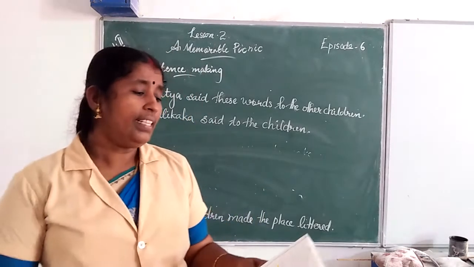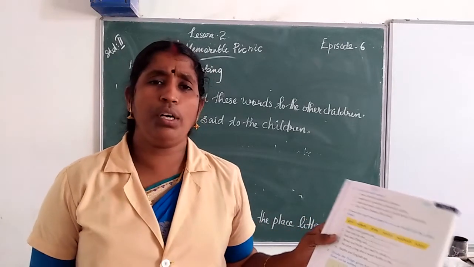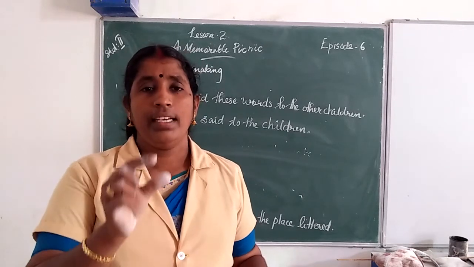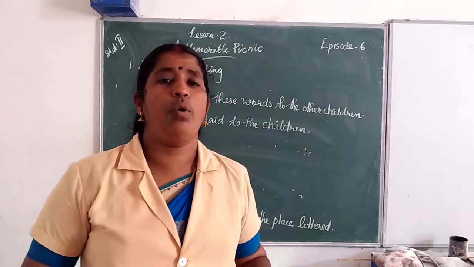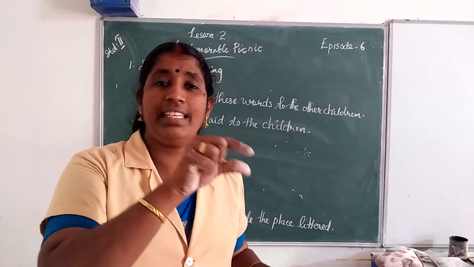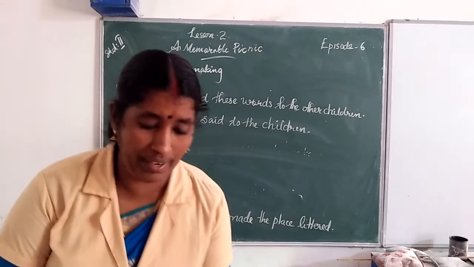Okay. Then comprehension D, circle the odd words. Odd words means there may be 3 or 4 words, and only one is odd one. That means that it is not contained in the group. Here, first one I will write on the board.